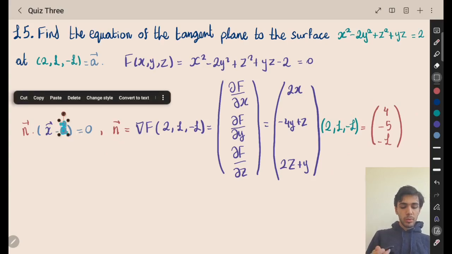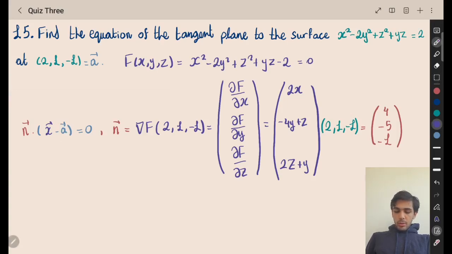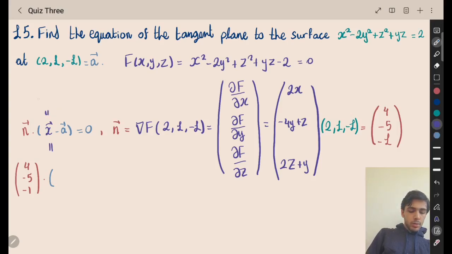Now we have our vector n. We have our point A. It's a vector, but in a sense it is a point. And then we write down the equation more precisely. We get (4, -5, -1), take the dot product of this with the following vector. So I'll take the vector x to be constituent of x, y, and z.